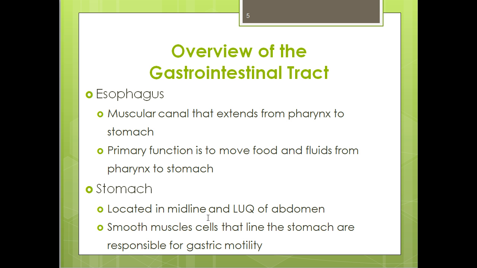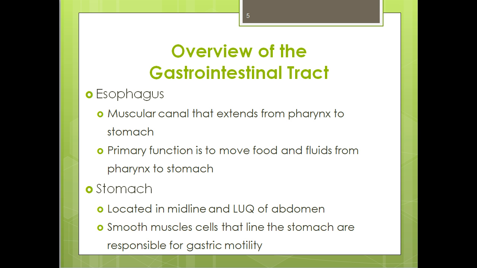When at rest, the LES is normally closed to prevent reflux of gastric contents into the esophagus. If the LES does not work properly, gastroesophageal reflux disease, or GERD, can develop. I know you have heard of that before.